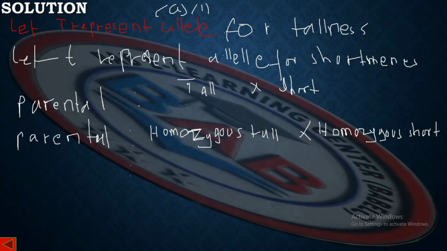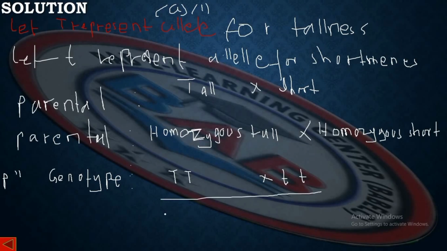So when we write it with alleles, the parental genotype will be homozygous tall and homozygous short. These are the parental genotypes.